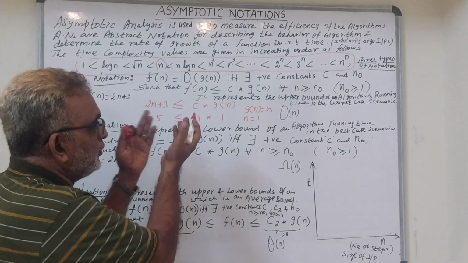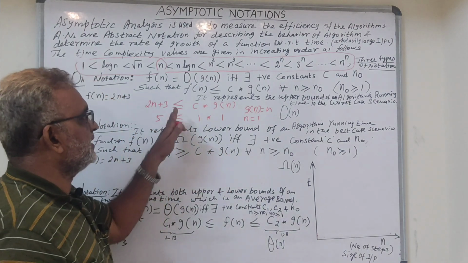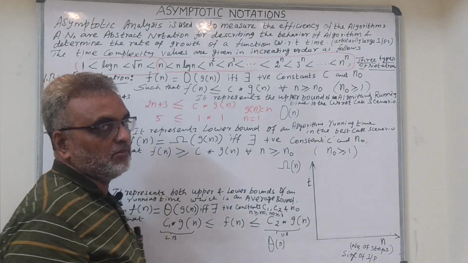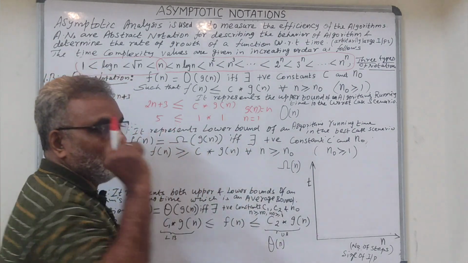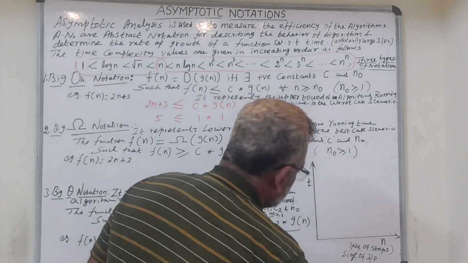So what you have to do is get the minimum value for satisfying this condition. So what is the minimum value when this condition will become true for the first time?